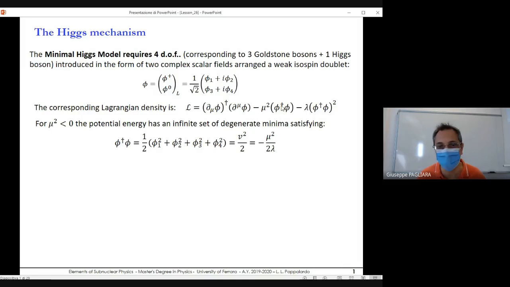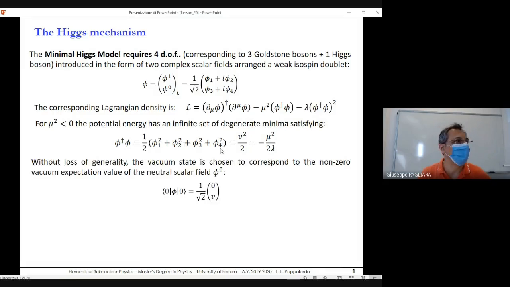complex conjugate. Now, we want to evaluate the minima of this potential energy, so the starting states of our fields, and so we minimize the potential. And in particular, we choose the solution with the mu square negative. Once we do so, we find that there is an infinite set of degenerate minima, so degenerate vacua, which satisfy this, let me call it hyper circumference. It is a circumference in 4-dimensional space, of course.